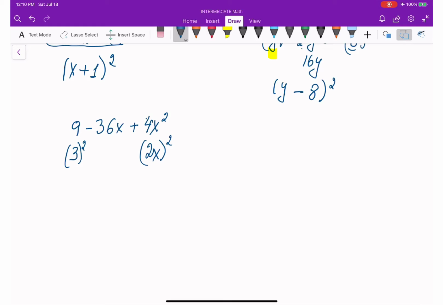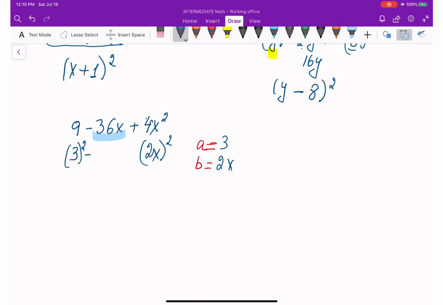Here we have to check if our 2ab is going to be 36x. Let's see. My a is 3, my b is 2x.